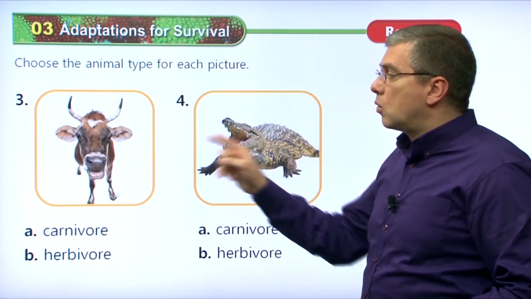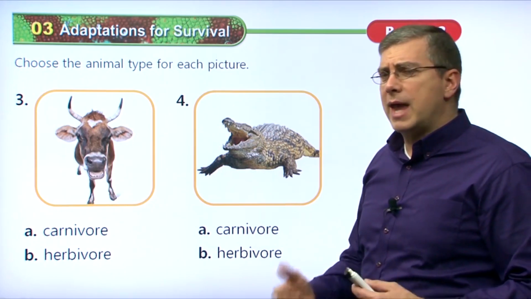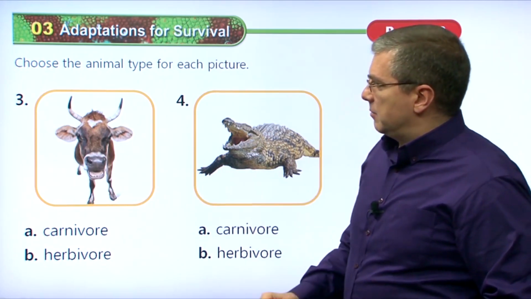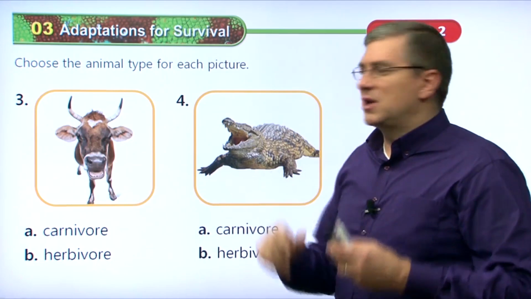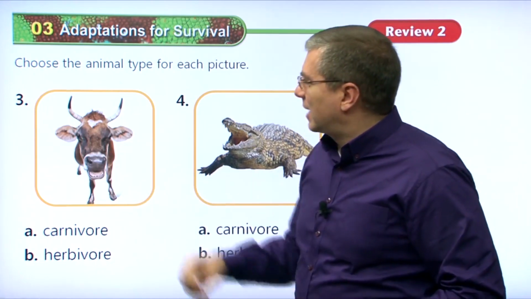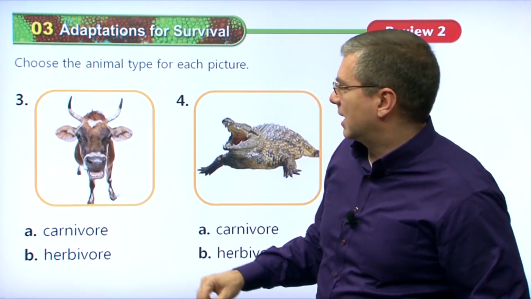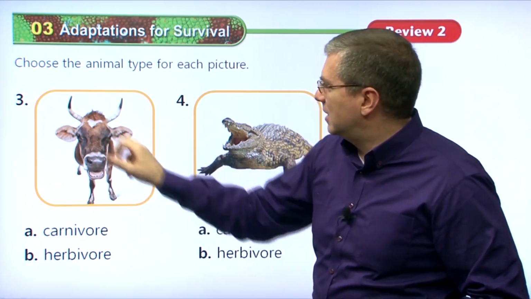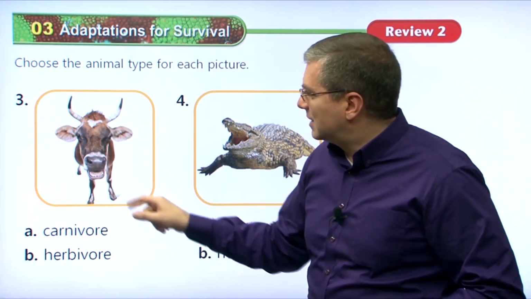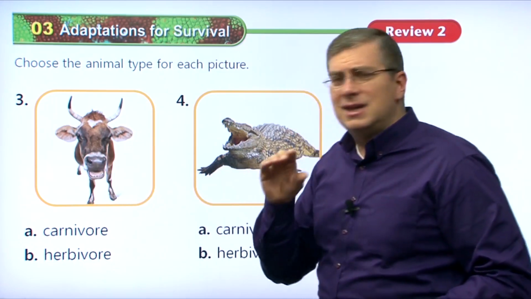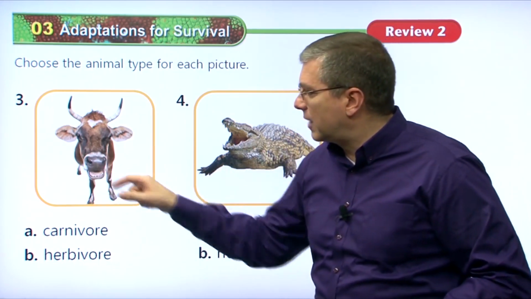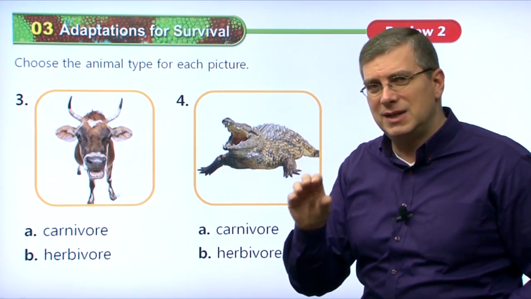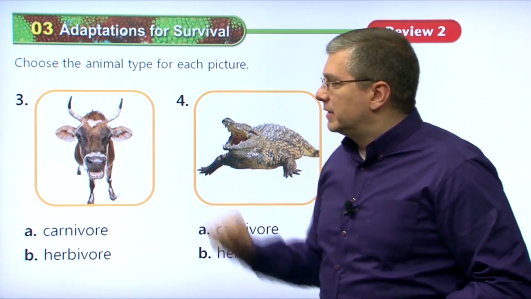Now, let's move on. We have a couple more animals. What are they? It's got a big head, small body. No, it's just the way the picture is, right? Okay, this is a picture of a cow, right? Very funny looking cow. Got horns, ears, and of course we can see the teeth a little bit here. The teeth again are flat, right? They're very flat, but they're thick, they're strong teeth. What does this animal eat?